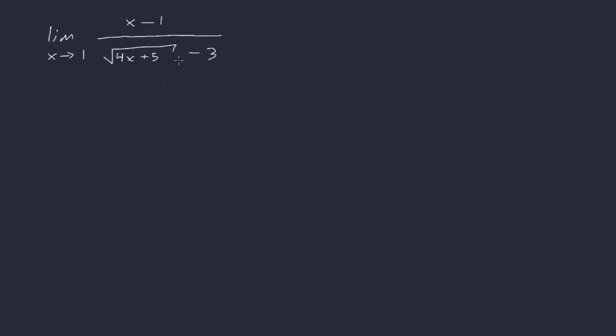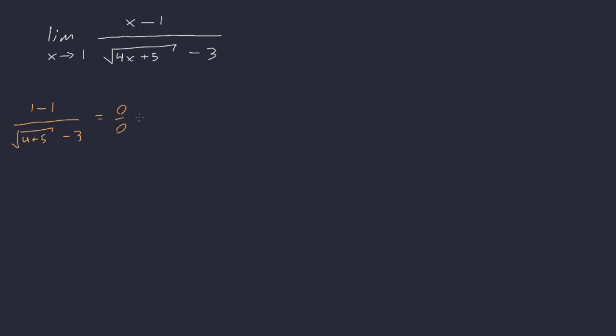Okay, let's say we're looking at the limit as x goes to 1 of x minus 1 all over the square root of 4x plus 5, minus 3. Okay, so when you plug in the 1, you get, of course, 1 minus 1 all over, this will be 4 plus 5 square root, which will be the square root of 9 minus 3.